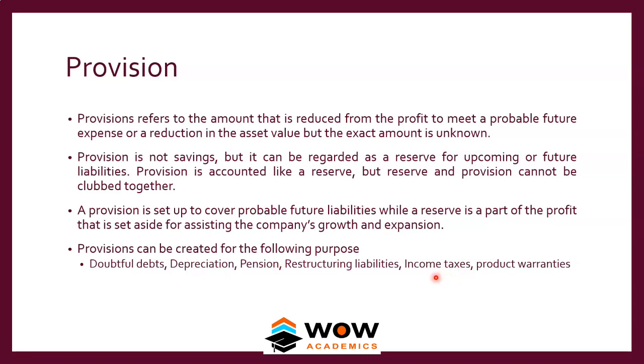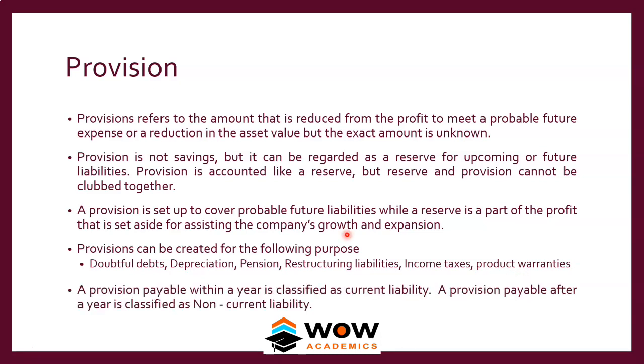For income tax, you think you have to pay this amount, but you cannot be exactly sure because the income tax can be different. For product warranties, you have given a warranty or guarantee to your customer, but you cannot be sure how many of them will come and ask for it. So you are partly sure and partly unsure what the amount to be settled will be. At that time only you can create a provision.